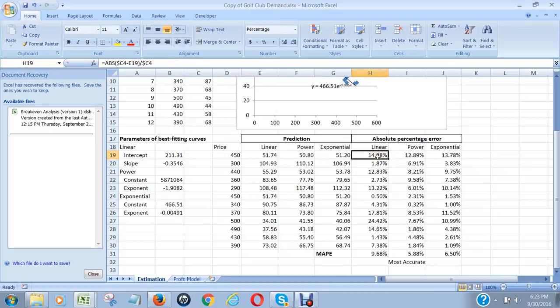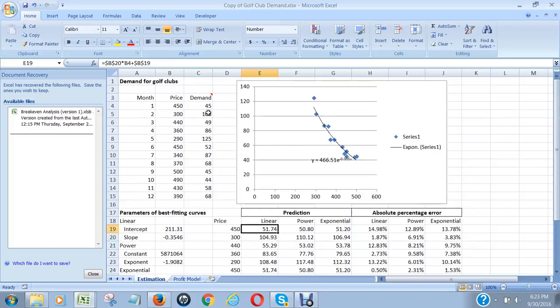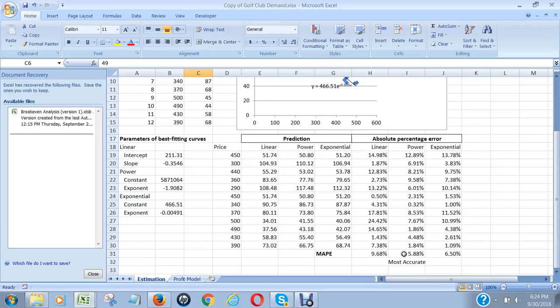Then we calculated the mean absolute percentage error of each of these estimates against their actual figure. Compared this against that, this against that, this against that, expressed it as a percentage to come up with all of these percentage errors, and then averaged them all down here.